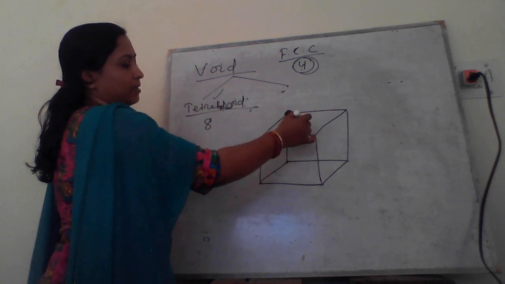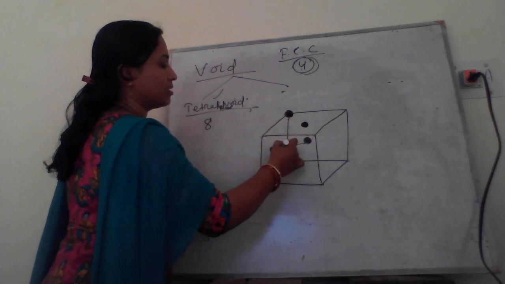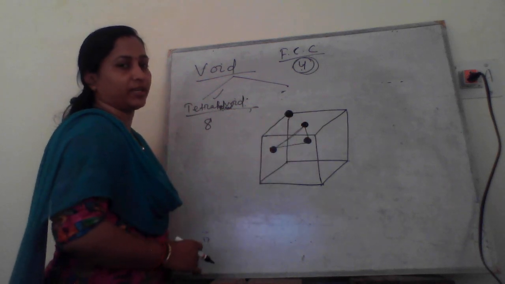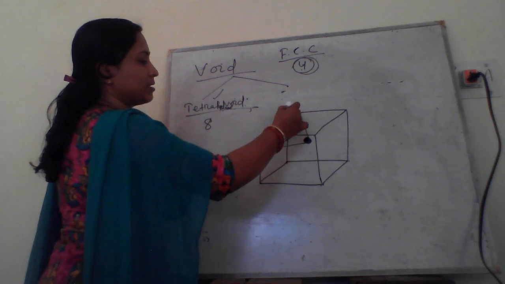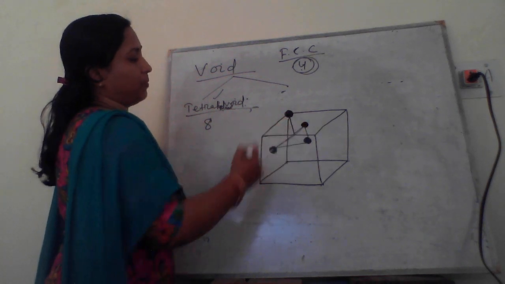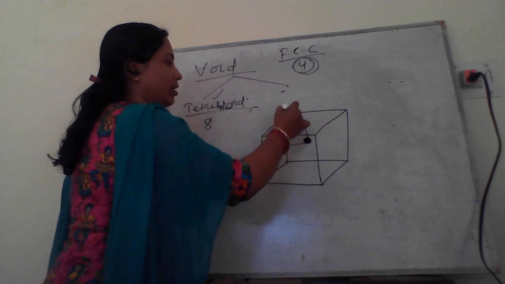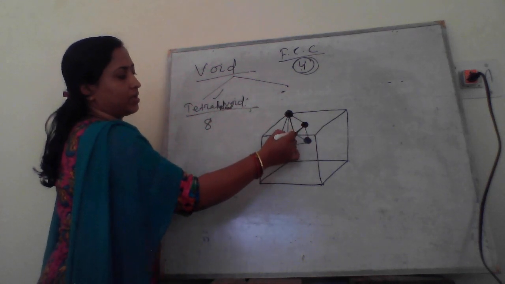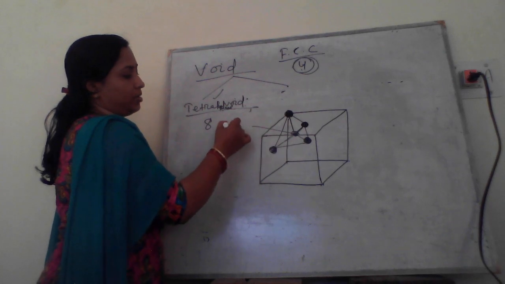So here 3 faces. When we join these 3 faces, these 3 atoms form a plane, and this is above the plane. So this point, see this point, they meet each other. This is your tetrahedral void.